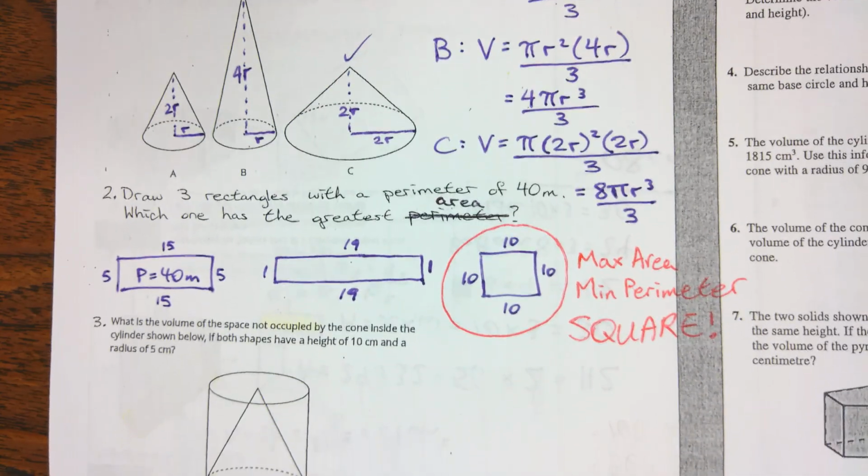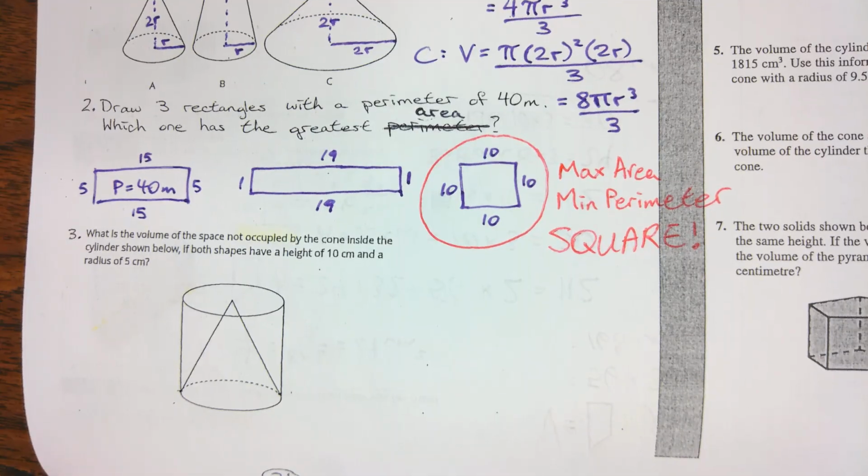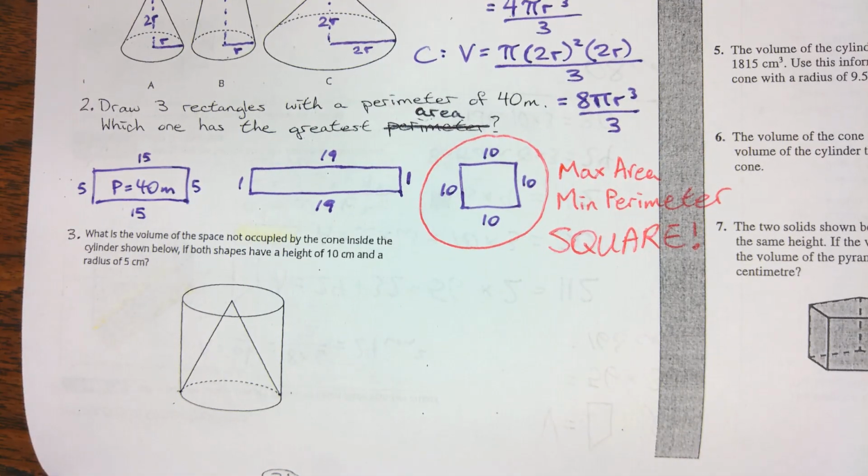What shape gives the maximum area, minimum perimeter? Square. Not triangle, not oval. Square, square, square.